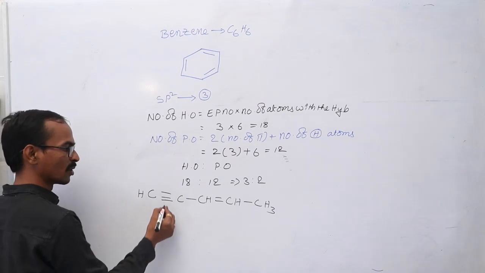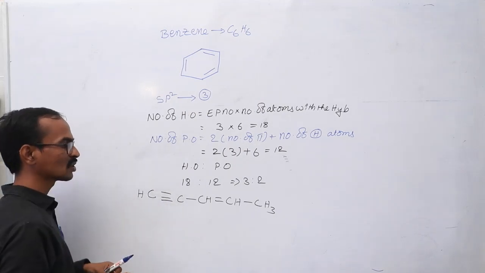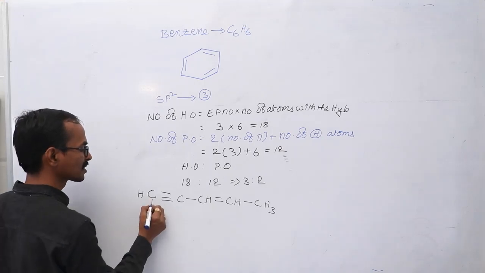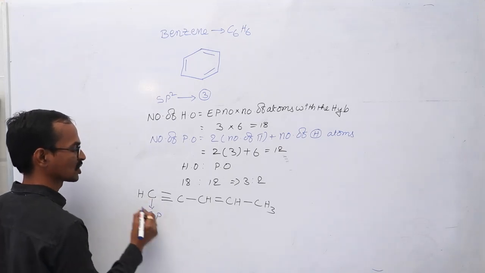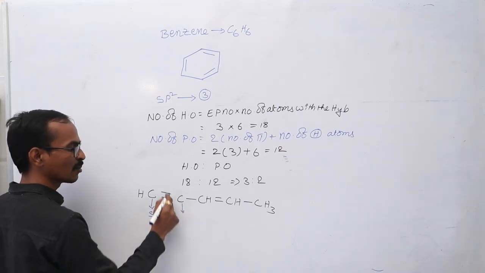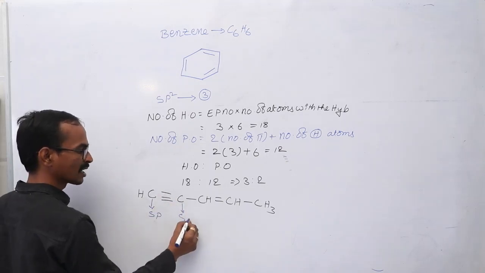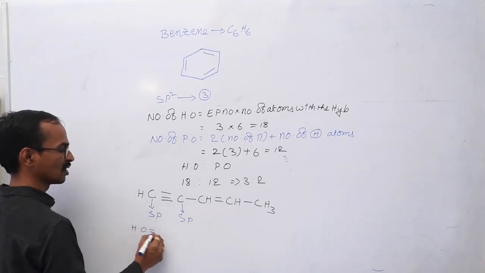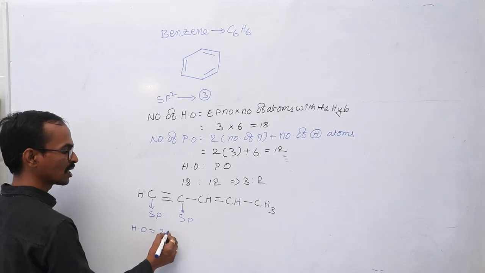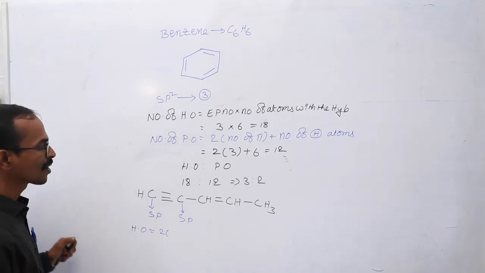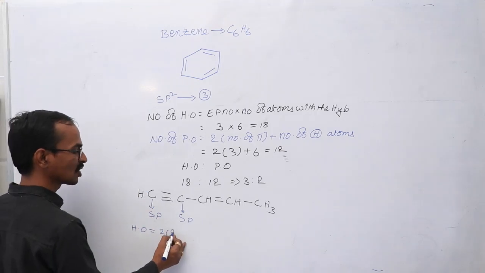Now, a triple bond is there. So the first carbon atom has sp hybridization. And the next one also has sp hybridization with 2 pi bonds. So you have 2 sp hybrid carbons, so 2 into electron pair number of sp hybridization, which is 2.